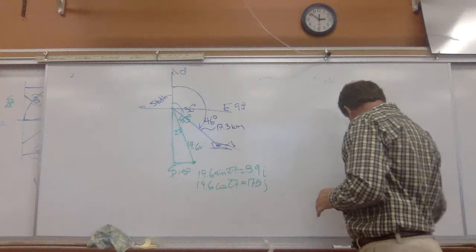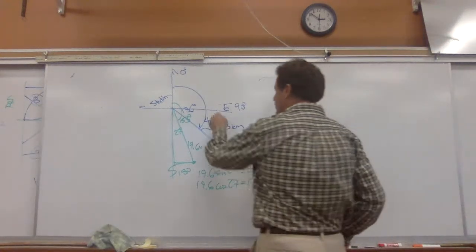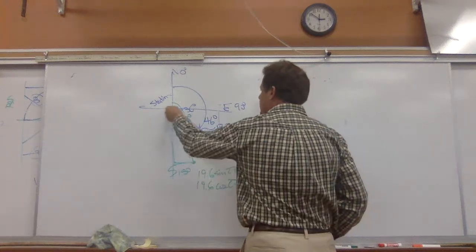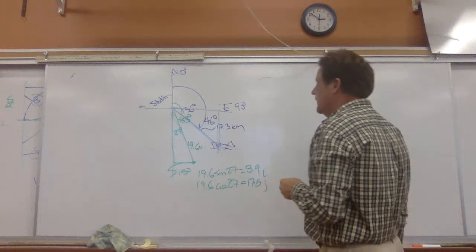Okay, and now we are going to get the coordinates for this one. So now I'm just going to use a different reference angle. So now I know that this is 46 degrees.